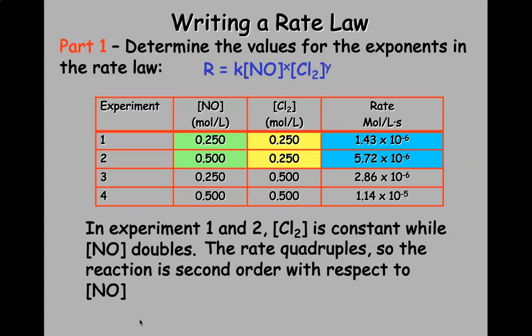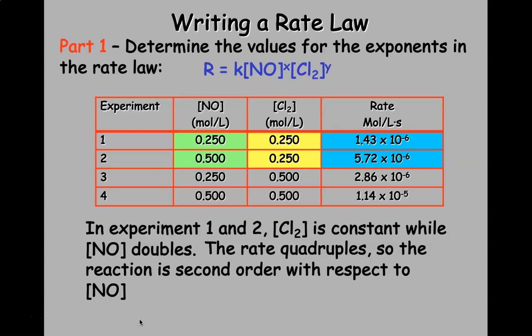Now, mathematically, to show this, I would write down 2 raised to the x power, where the 2 represents a doubling of nitrogen monoxide. x is your exponent you're solving for. So 2 raised to the x power equals, now the rate is quadrupling, so 4. 2 to the x equals 4.